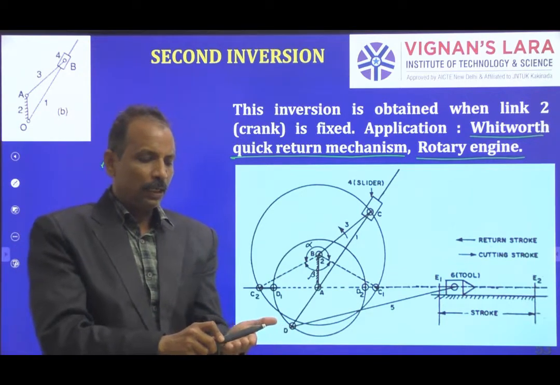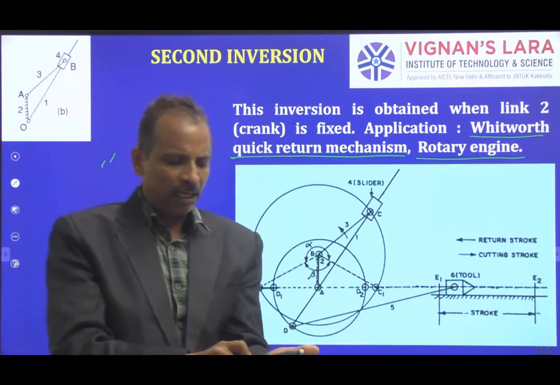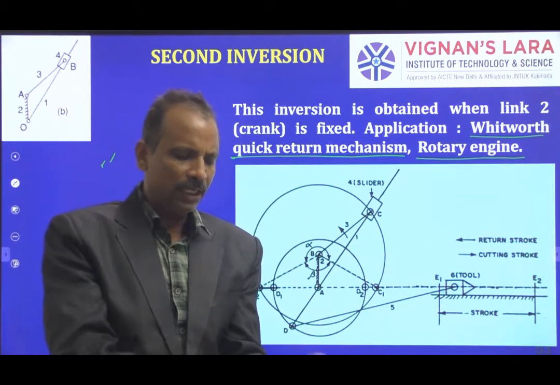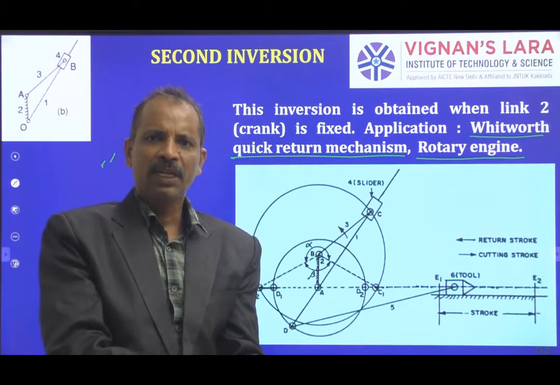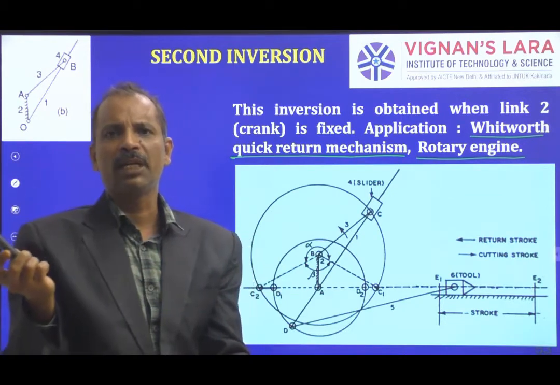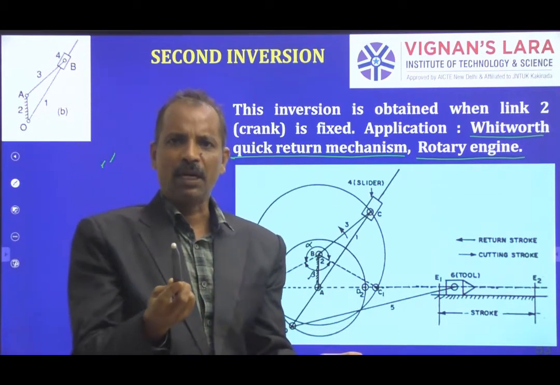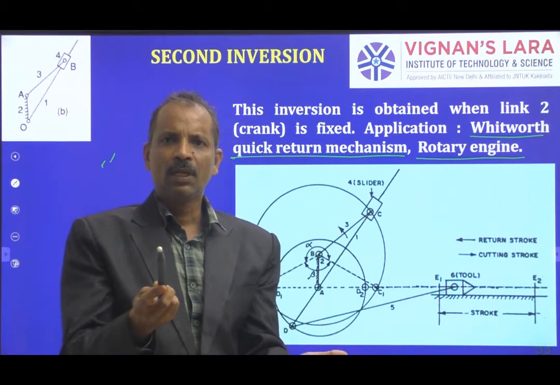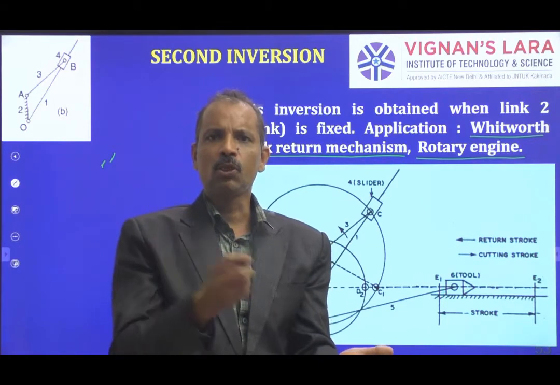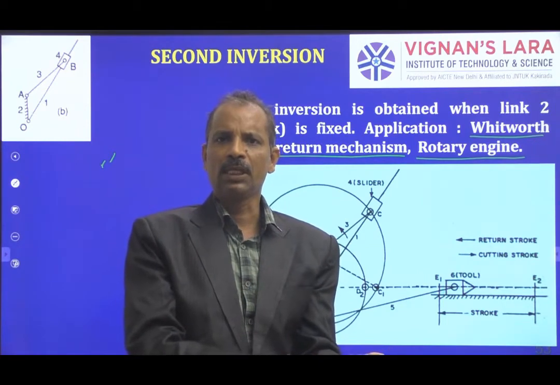But in the other way, my actual work is done in the hitting. When I am lifting it, no work is carried out by this hammer, isn't it? But if you don't have this reverse motion, the job will not be completed, isn't it?